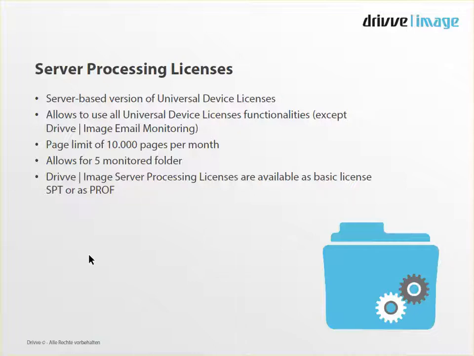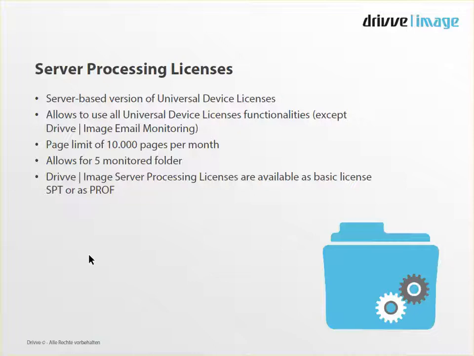Then there's also the server processing license. This is what I described if you want, for example, to process documents that come from a different third-party application. Okay, it's pretty much a server-based version of the universal device licenses, and it has all functions that Drive image generally offers with the modules, except the Drive image email monitoring, since that doesn't make any sense, since email monitoring always refers to an inbox, and that is why you can use universal device licenses for this and register the inbox.